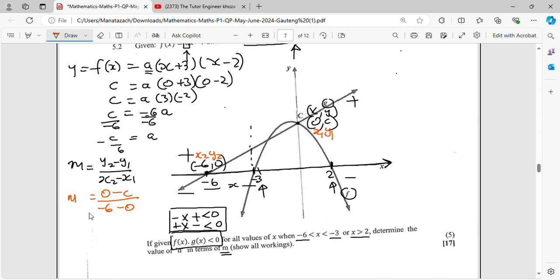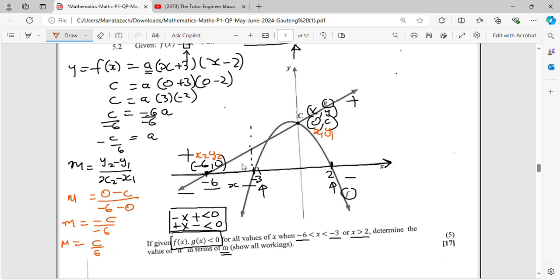So this will simplify as m is equal to minus c over minus 6, so m is equal to c over 6.